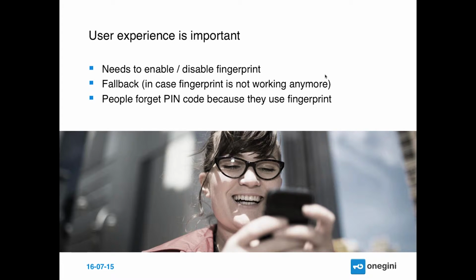Another thing you have to take into account, when people start using the fingerprint quite often, they sometimes also forget their PIN code. So be aware that you have fallback processes in place to make sure that you can unlock the phone or at least identify the person who initially enrolled. Because the easier you make it for people, people start to forget things, especially the things they need to remember.